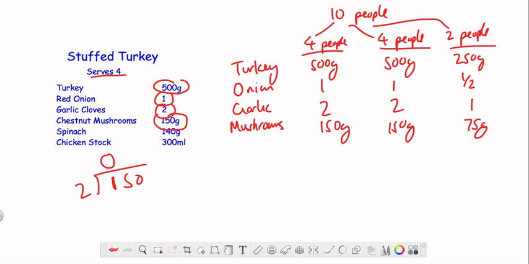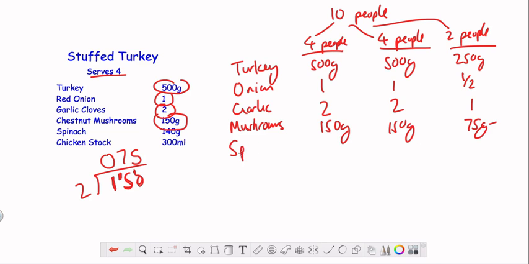So you stick a 0 to say you can't do it, and then carry that 1 over here. Right, 2 into 15 goes 7 times. Remainder 1. And then 2 into 10 goes 5. That's 75. That's what we have here, 75.